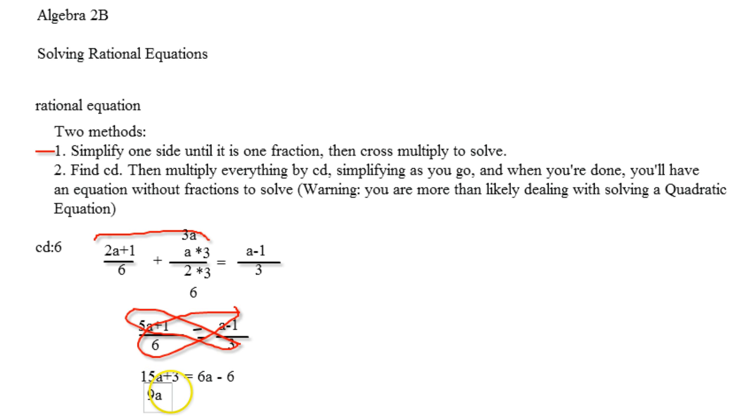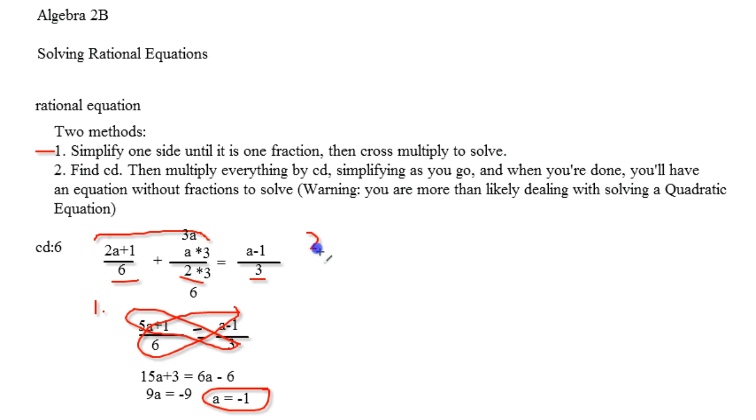So I get 9a equals negative 9, and a equals negative 1. When I get my answer, I do need to check it and see if it gives me any restrictions. Because all my denominators are already numbers, it's not going to be an issue, so when I check it, it should work out. So that's method number 1.